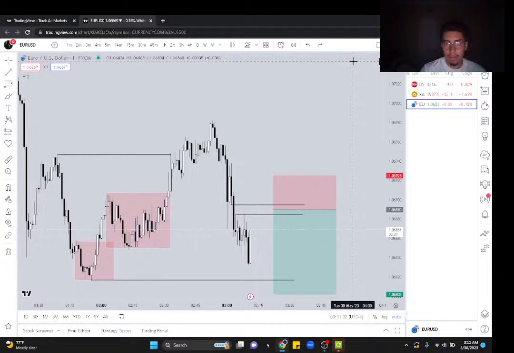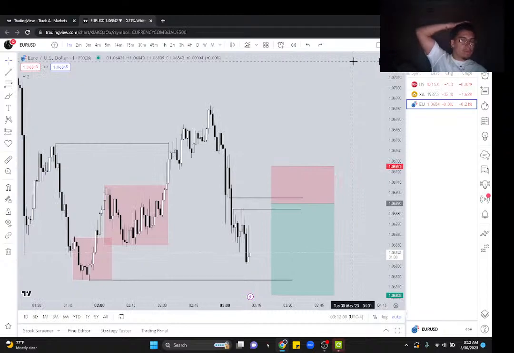Entry is still valid, you know. Let's see if it would want to come back down to take those lows down there. I don't think that it will really hold, but we'll see. Quite the candlestick.